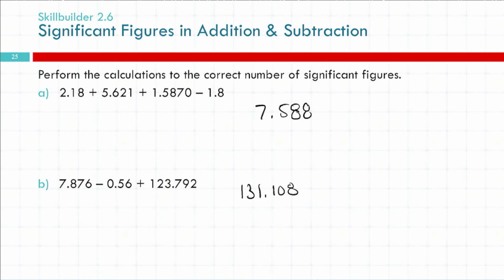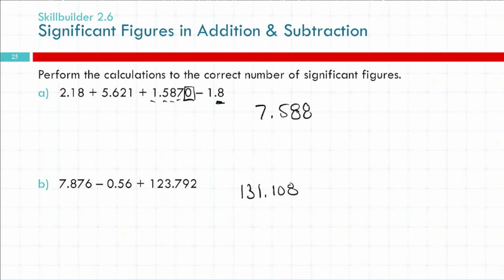The reason I said significant decimal places is because of things like this 1.5870. This is a significant decimal place because it is a sig fig, but in this case, it's more decimal places than the smallest. So we round to the smallest number of decimal places, which is our 1.8.